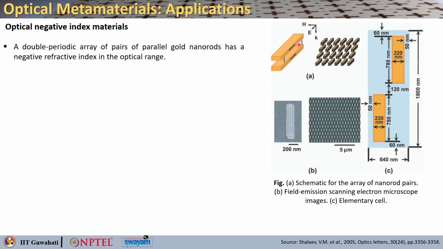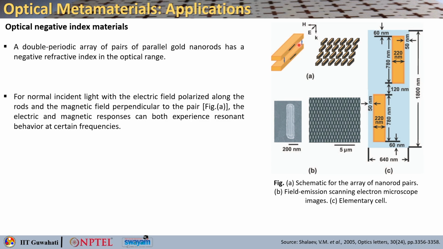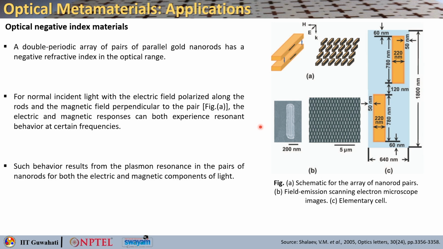So, this can give you negative refractive index at the optical range. For light normally incident with electric field polarized along the length of these rods, you can maintain the magnetic field to be perpendicular. You can see that the electric and the magnetic resonances both experience resonant behavior at certain frequencies, right.